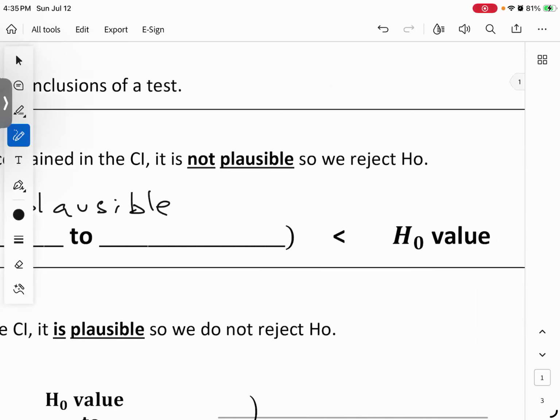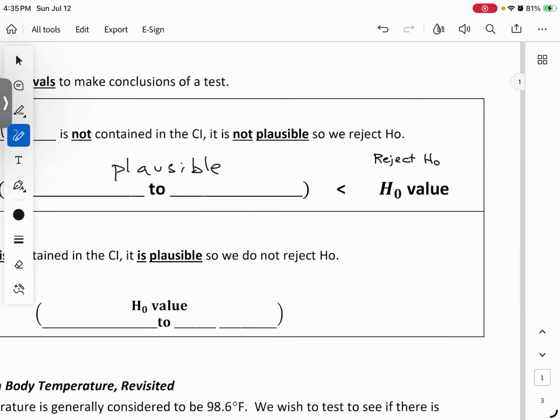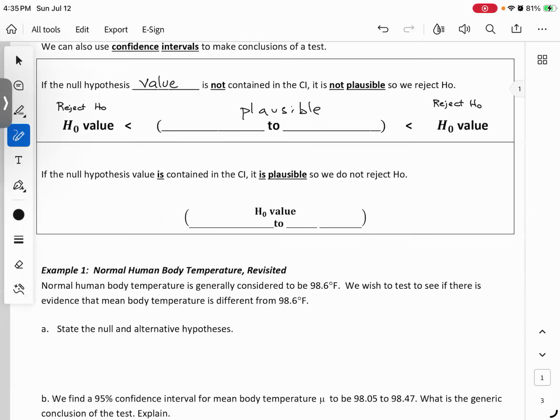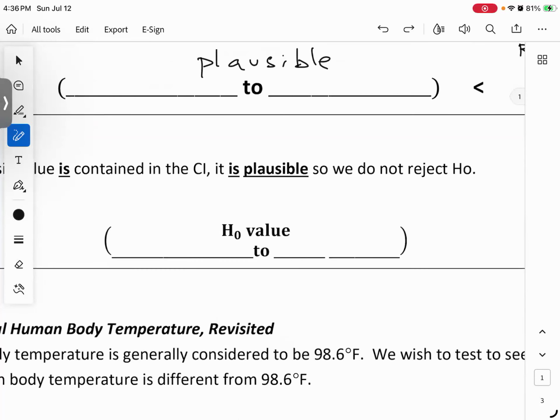Or maybe on the right side, maybe it's too big of a value to be considered plausible. Same thing, where you can reject the null hypothesis. Then I've also got there that if the null value is in the range of plausible values, you can't reject it.